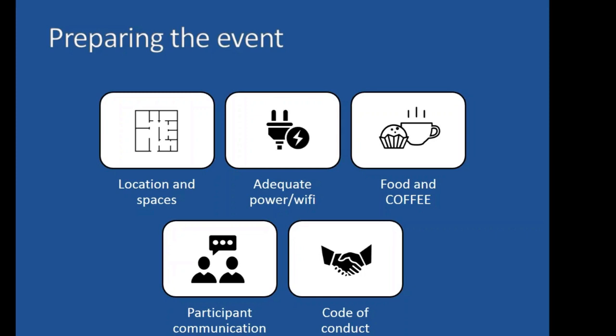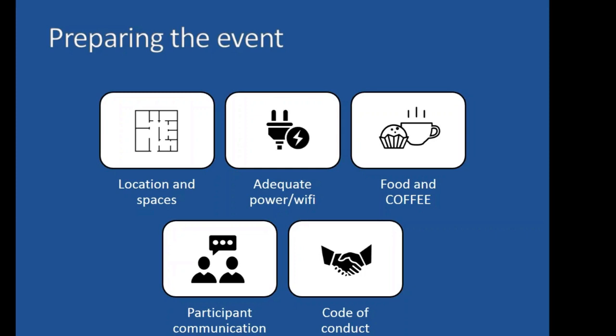Typically the NCBI hackathons that I've been involved with have a number of different teams, maybe 5 to 10 teams of 4 to 8 people each. So as you can imagine, that can get kind of loud with people talking back and forth. So it's useful to have some spaces where people can break out into their groups and not have that roar of that many people talking at once.